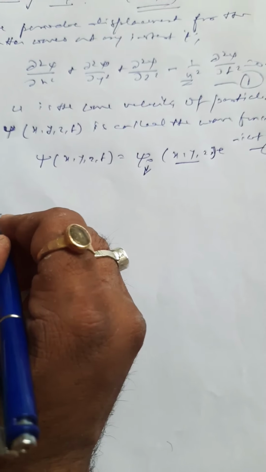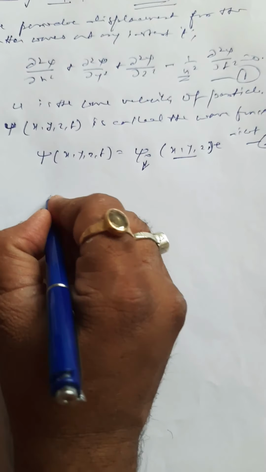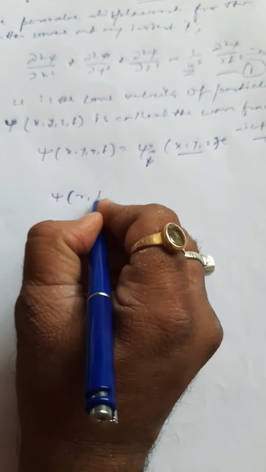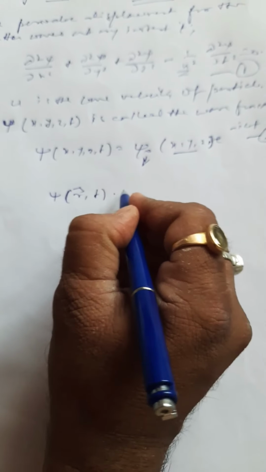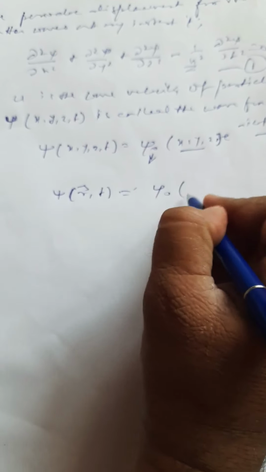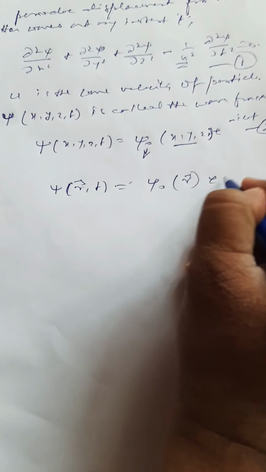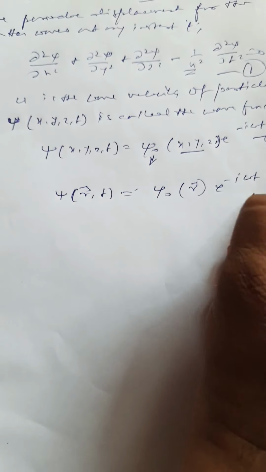So equation 2 can also be expressed as psi as a function of r comma t, where r is a vector, equal to psi naught as a function of r into e to the power minus i omega t.